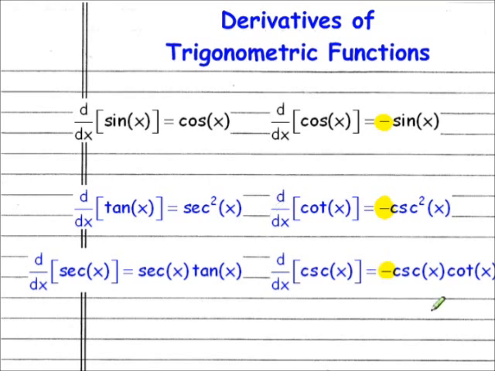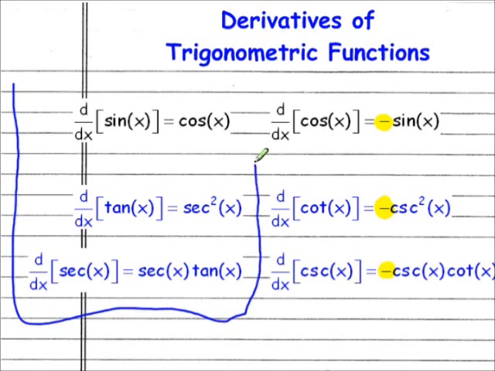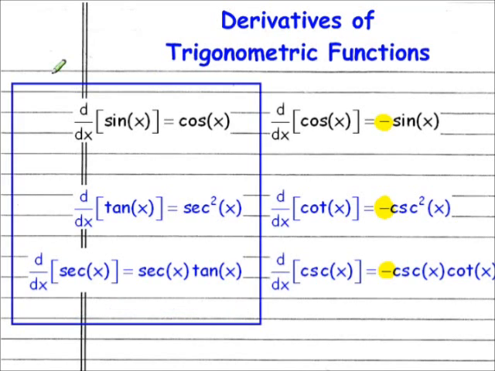The real point probably would be that you need to notice the similarities, or somewhat the relationship, between the derivative of the trig functions and the derivative of their cofunctions.